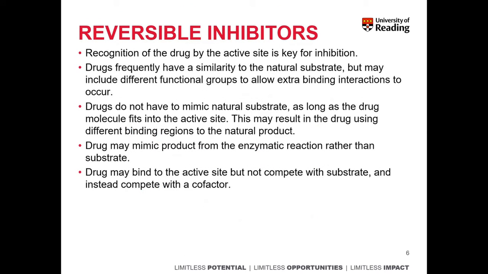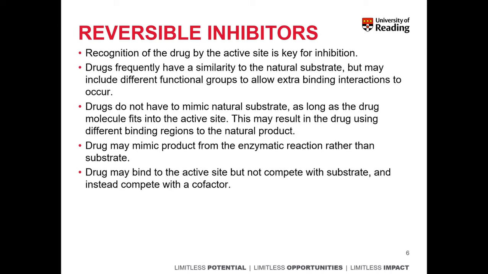Now, when we're looking at the design of reversible inhibitors, we need to ensure that the drug is recognized by the active site. This is because the drug has to enter into the active site and bind strongly to it. What this means is that drugs that are designed to act as reversible inhibitors often have the same or similar functional groups to the natural substrate.